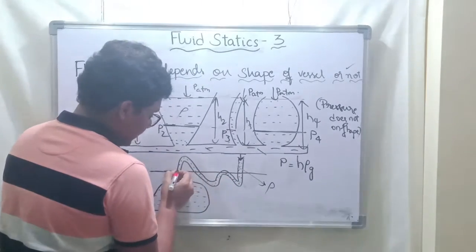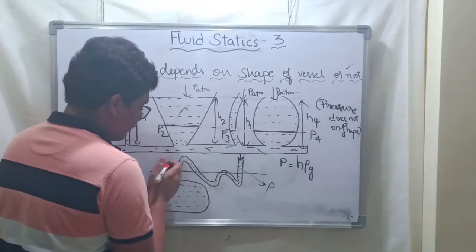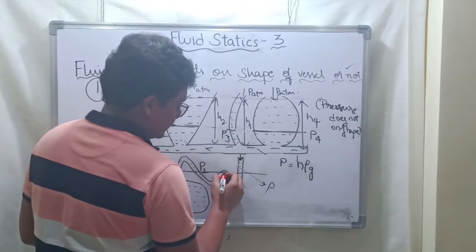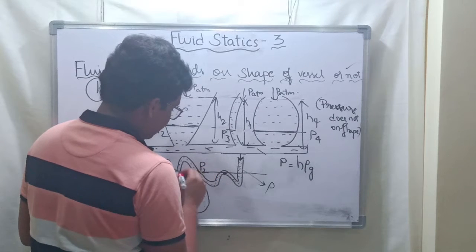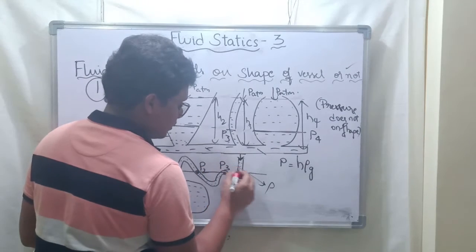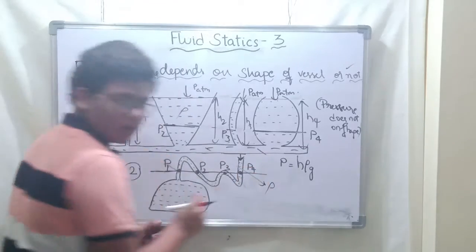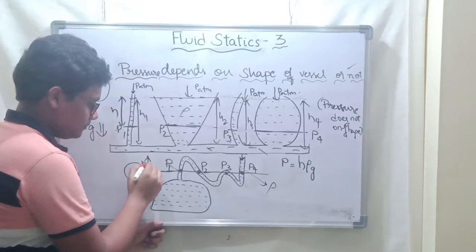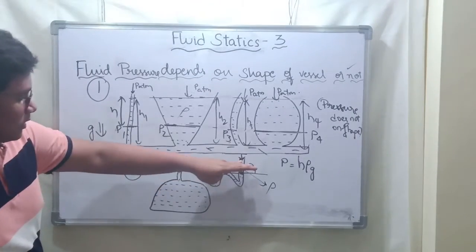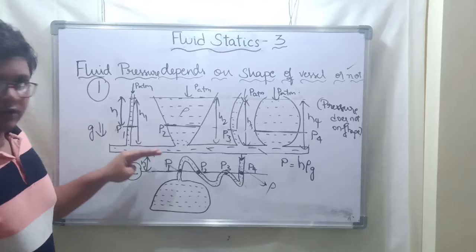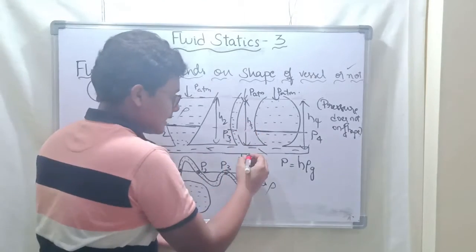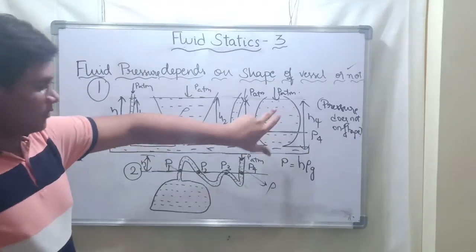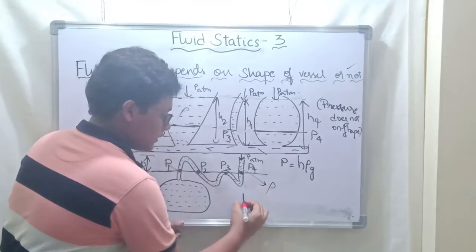Here we'll take this point P1, this is P2, this point is P3, and this point is P4. Now this is of height H. See, from the top, from this point, this is of height H. PATM is acting here.